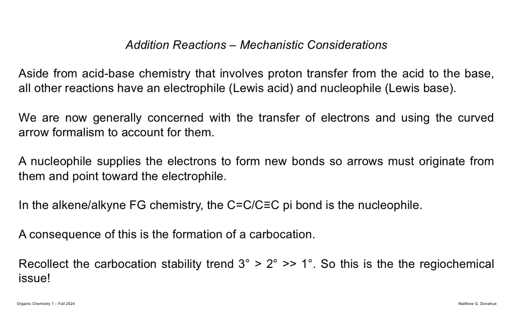So as I said, now when we're talking about nucleophiles, electrophiles, the pi bond in these is going to be the nucleophile supplying the electrons. And the curved arrows always start from an electron source, whether it's a lone pair, like the lone pairs on oxygen, or the pi bond, those two electrons.